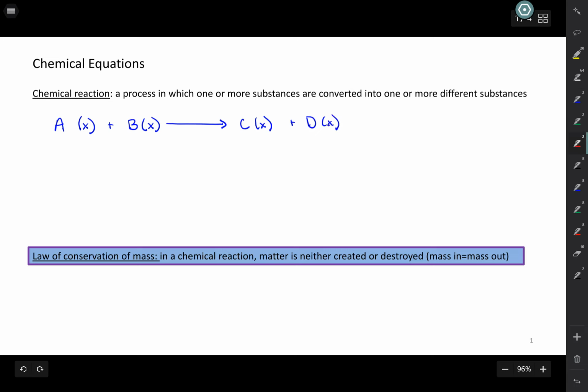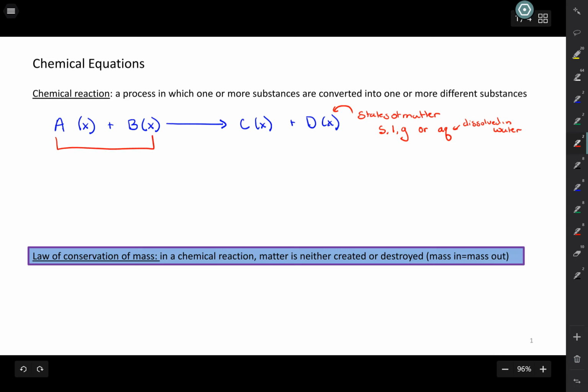So these states are states of matter, most commonly solid, liquid, gas, or, as you'll see, often aqueous, which means dissolved in water. We'll be diving into that a little bit more.